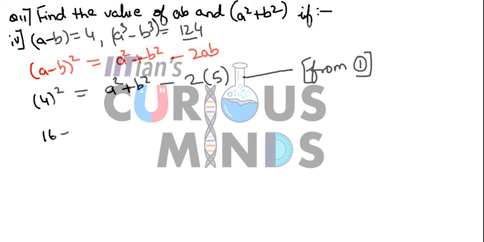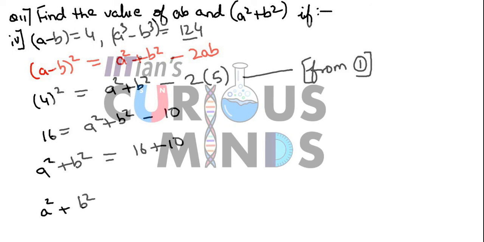Therefore 16 is equal to A square plus B square minus 10, and therefore A square plus B square is equal to 16 plus 10, and therefore A square plus B square is equal to 26, which is my final answer.